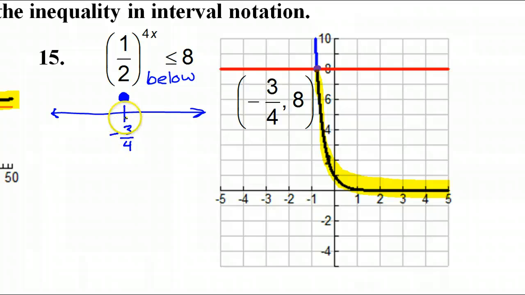So all that's left is, will the solutions be to the left or will they be to the right? And you can look right on this graph. See the part that we highlighted? The part that's below. Does this yellow part go to the left of the critical value here, or does it go to the right of the critical value?